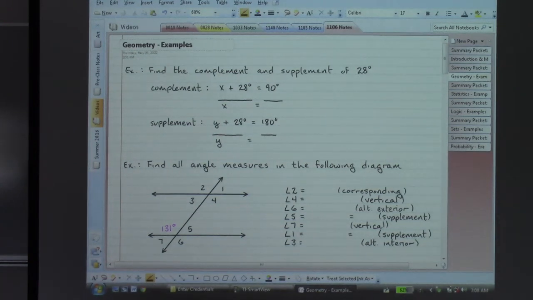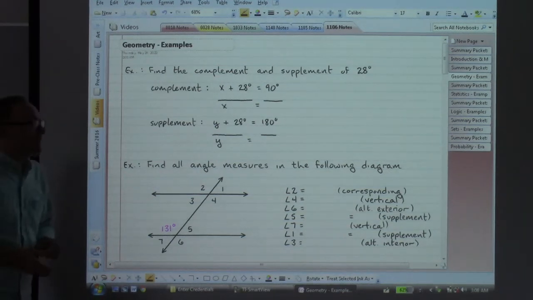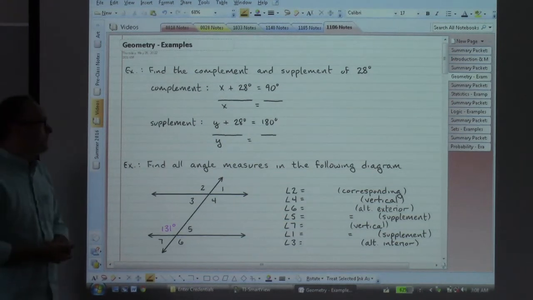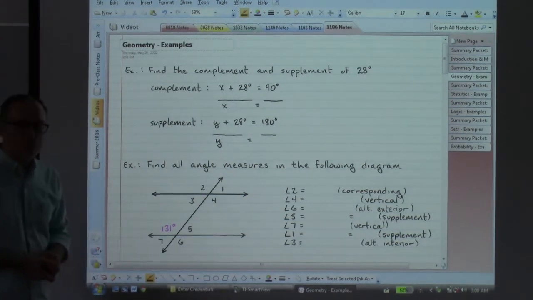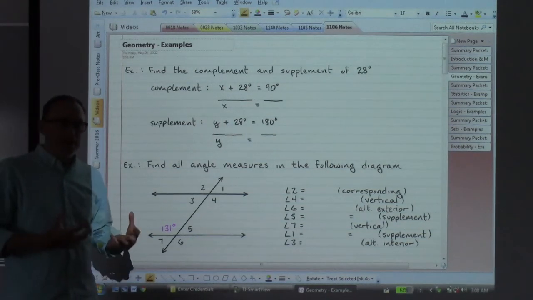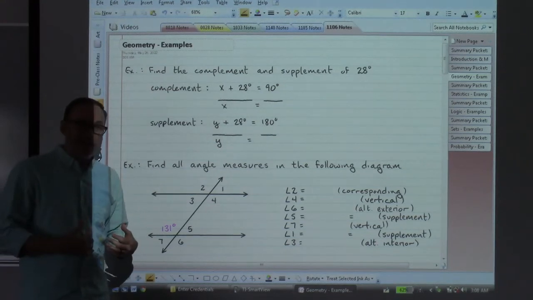Let's take care of some geometry examples that we had mentioned in our summary packet. Going in order, we've got first to find the complement and supplement of 28 degrees. The complement refers to two angles that will add up to 90 degrees.